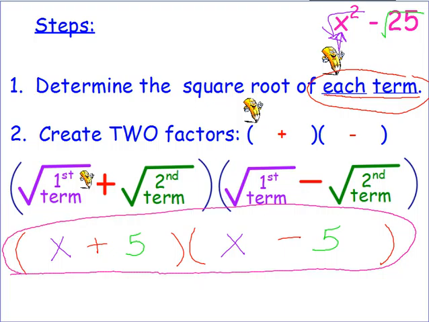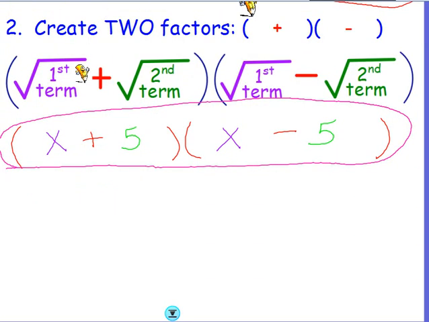To prove that this is true, I can multiply my answer to see if it works. I propose that x plus 5 times x minus 5 should give us x squared minus 25. Let's check.